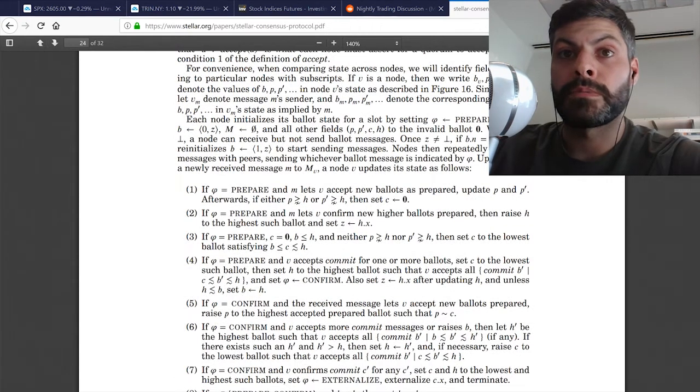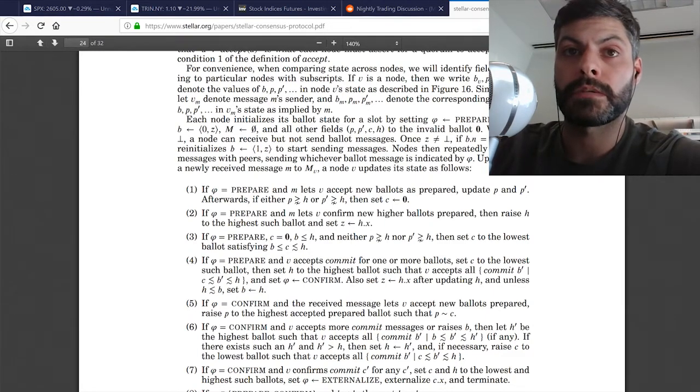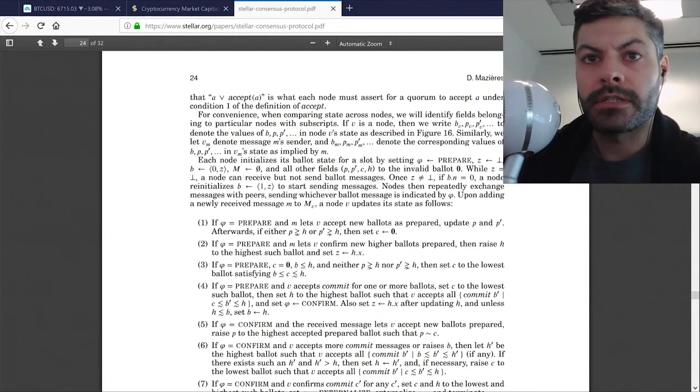If phi equals prepare and V accepts commit for one or more ballots, set C to the lowest such ballot, then set H to the highest ballot such that V accepts all commit B prime, for which C is less than and compatible with B prime, which is less than and compatible to H, is true, and set phi to confirm. Also set H.x to Z after updating H, and unless H is less than and compatible to B, set B to H.